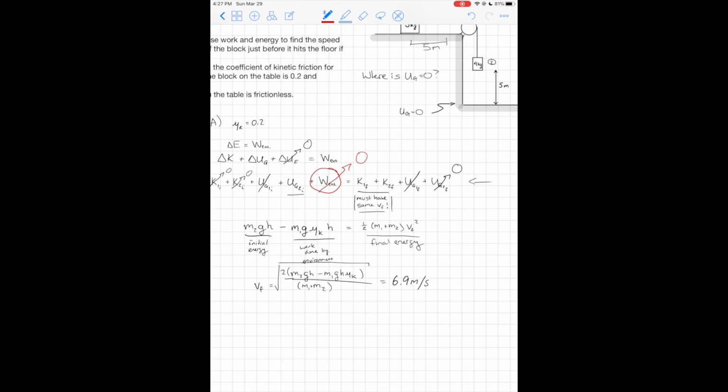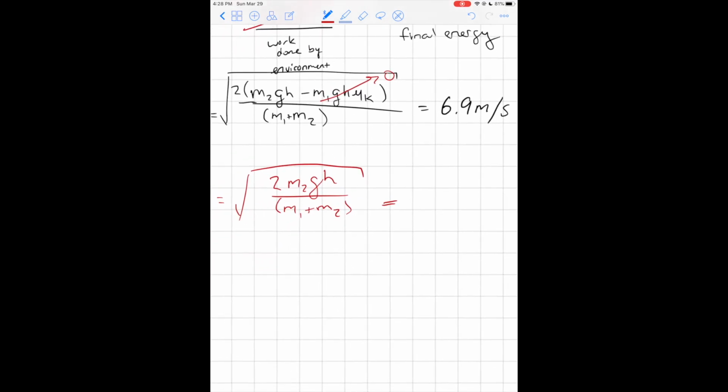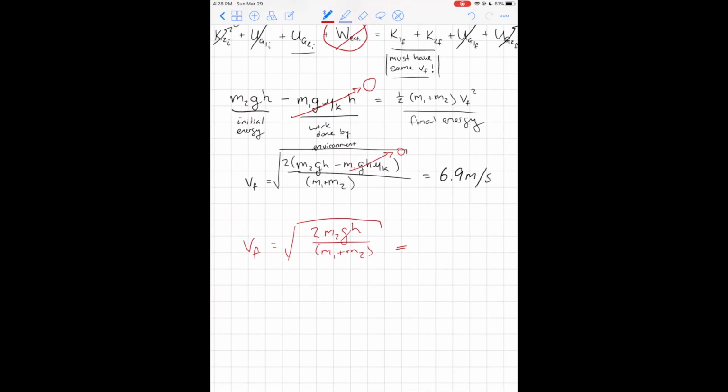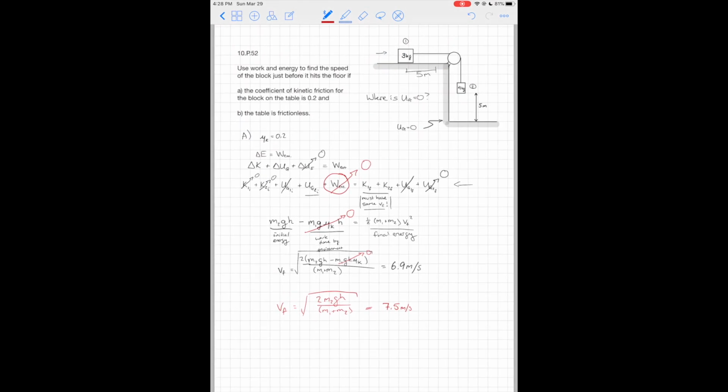And so that means that this whole term goes to 0, and I'm left with Vf equals the square root of 2m2gh over m1 plus m2. Much simpler expression, and when I evaluate that in my calculator, I get a value of 7.5 meters per second.